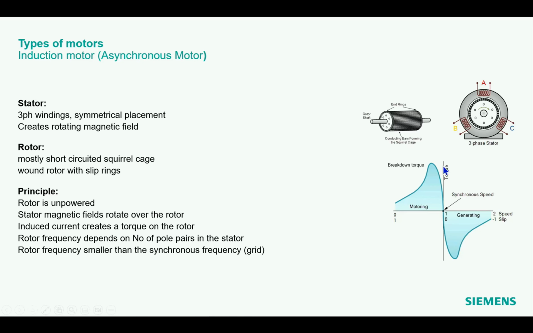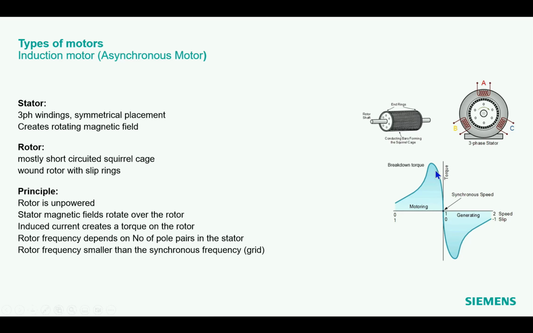And now you see on this diagram a kind of backward coupling. I don't know if this is the correct English word, it doesn't come to my mind at the moment. If I need more power, then the rotor speed goes down, and with a lowering rotor speed, the torque increases.